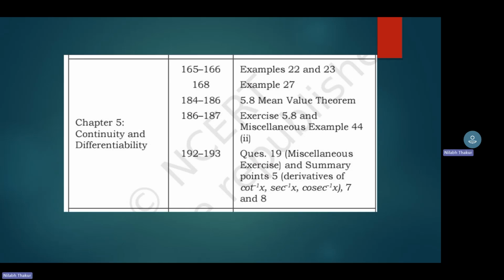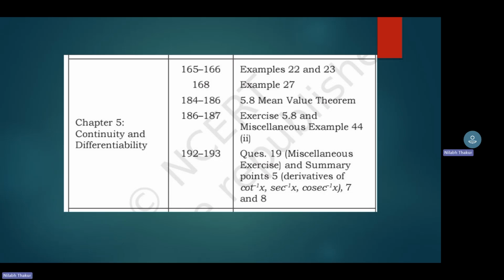Now coming to chapter number 5, continuity and differentiability. Page number 165 to 166, examples 22 and 23. Example 27 from page number 168. 5.8 mean value theorem from page number 184 to 186.